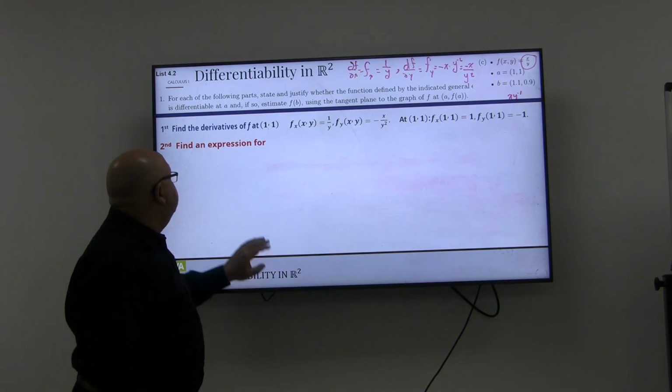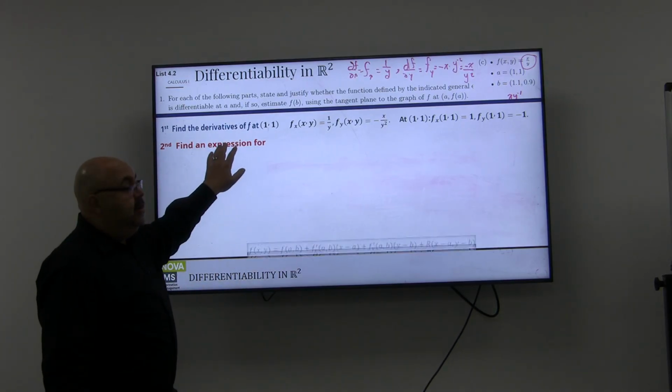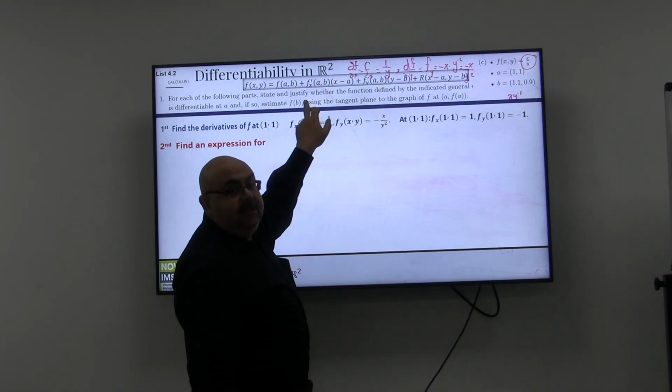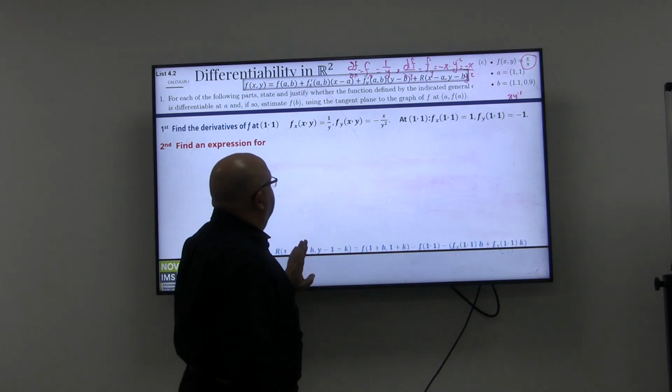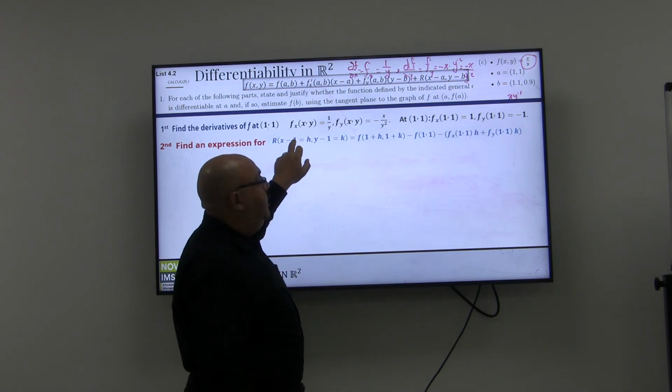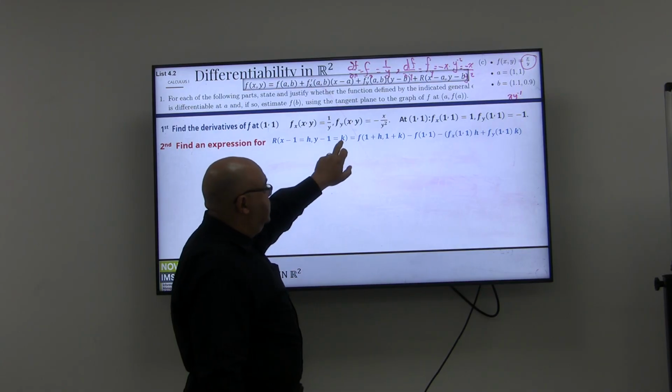The second step is to find an expression for the remainder term. This is the general equation that we use for approximation. All I have to do is get R of x minus 1, which I will call h, and y minus 1, which is k.